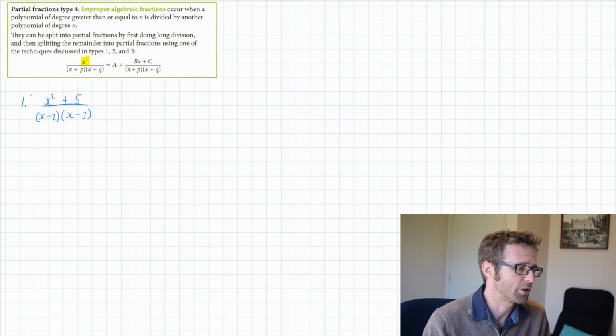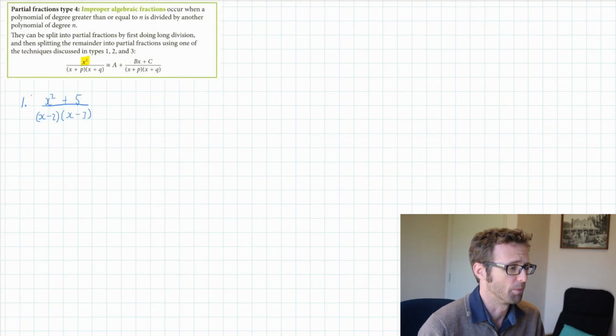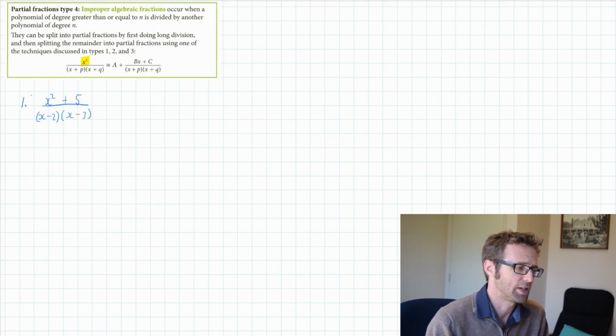We can split these into partial fractions by first doing long division and then splitting the remainder into partial fractions using one of the techniques we've already covered. So let me attempt this here.